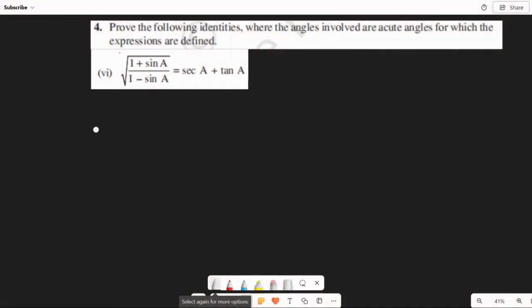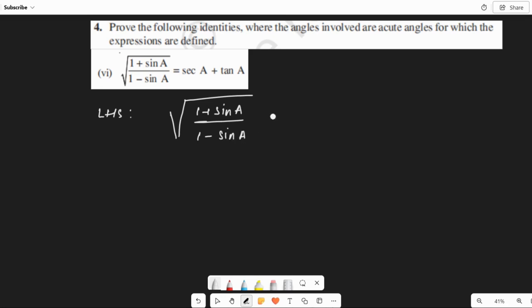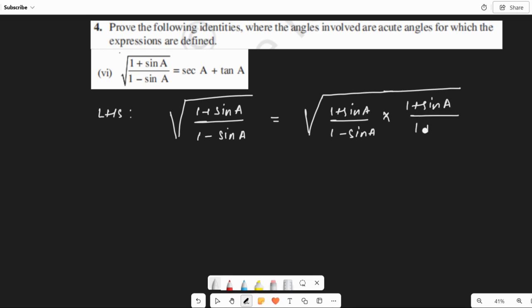The sixth question. Taking the LHS, √((1 + sin A)/(1 − sin A)), we just need to rationalize, that is √((1 + sin A)/(1 − sin A) × (1 + sin A)/(1 + sin A)).